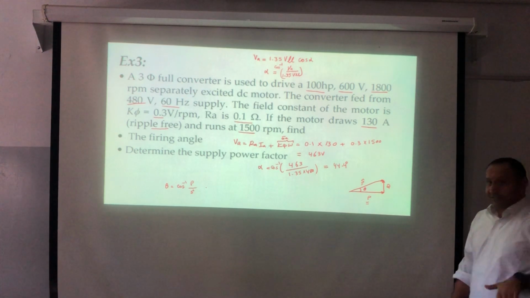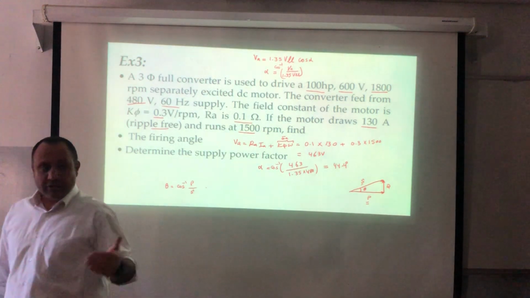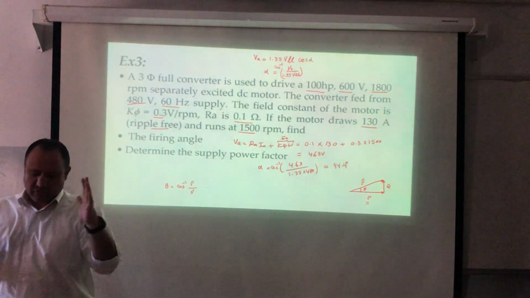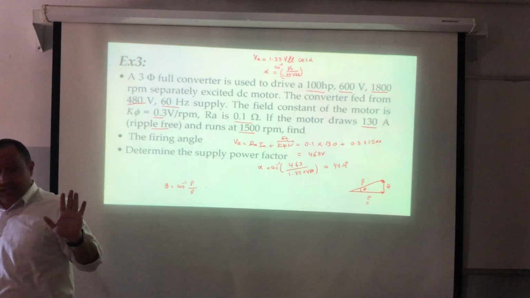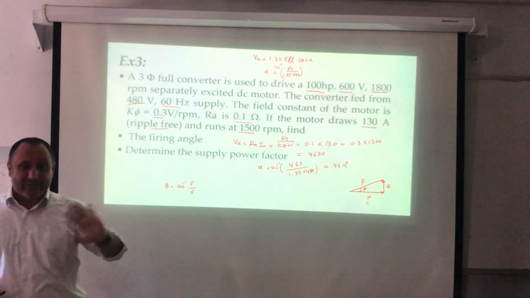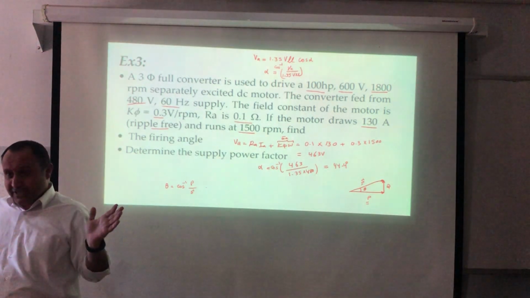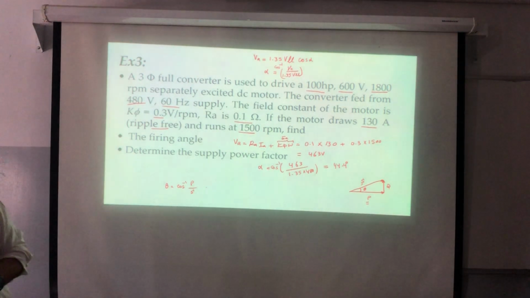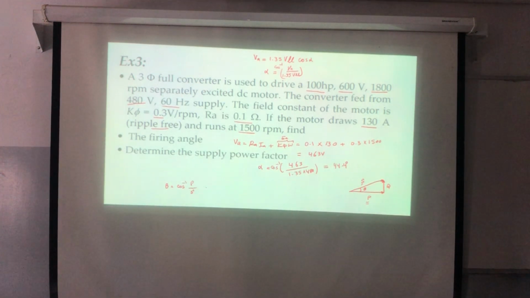Do you remember all the time I'm telling you that if I'm using a switch, it will be an ideal switch? So the power input to the converter is equal to the power out from the converter. Which side is easier to calculate the power on, the motor side or the input side? The motor side, because it will be VT IA.